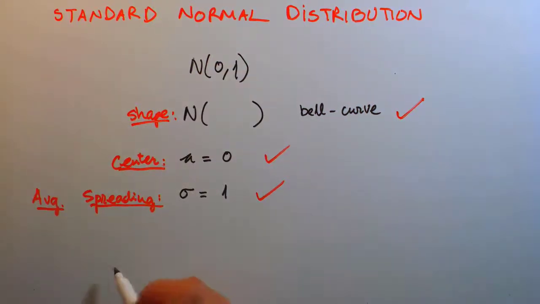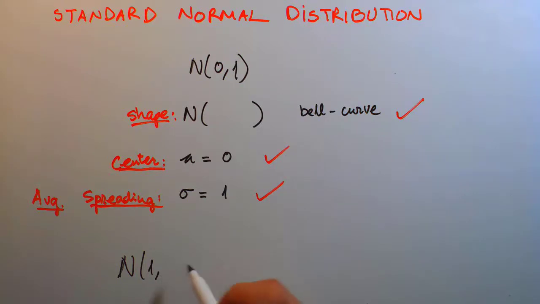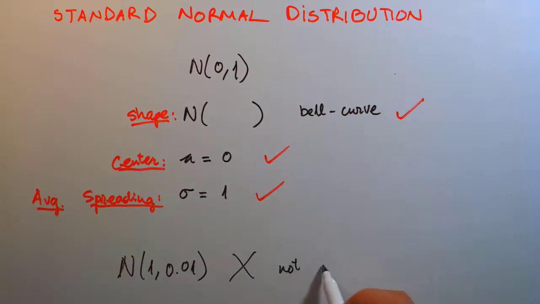Sometimes, deceivingly, we can have something like this, an N(0, 0.01). Looking close enough, but this is not the standard normal distribution, not the SND.